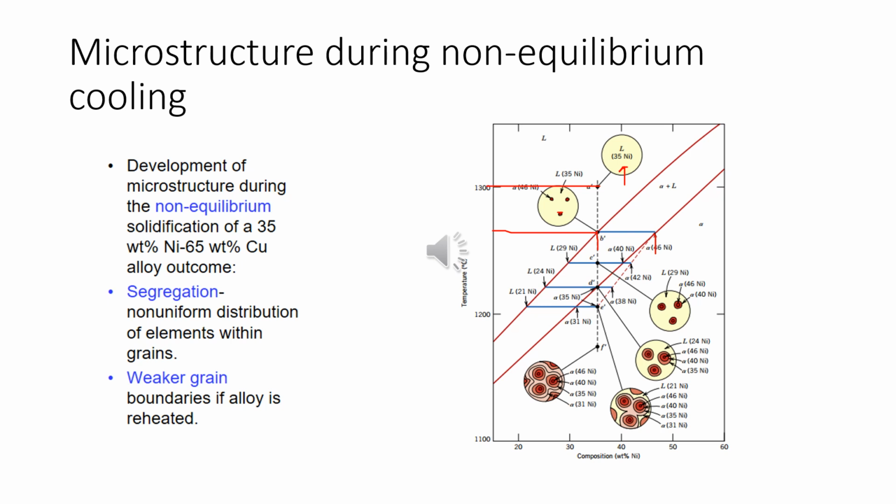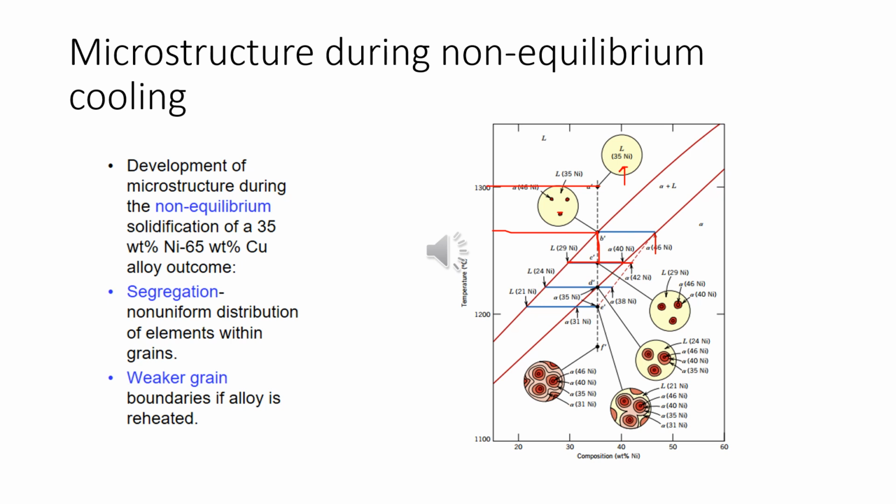Upon further cooling from B prime to point C prime, a tie line is constructed. At this point, the composition is 25% nickel at the boundary of the liquidus line, and 40% nickel at the boundary of the solidus line.